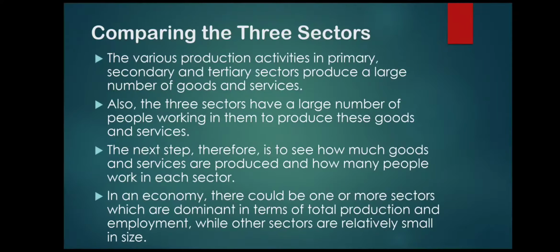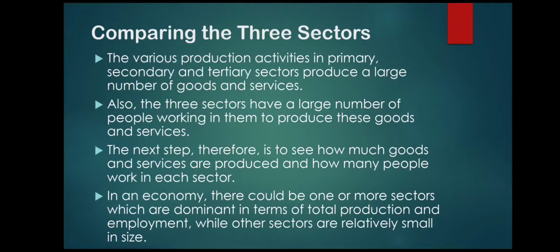Also, the three sectors have a large number of people working in them to produce these goods and services. Now, since production is taking place in all the three sectors, a variety of goods are being produced. As a result, there are huge number of people who are involved in these sectors.